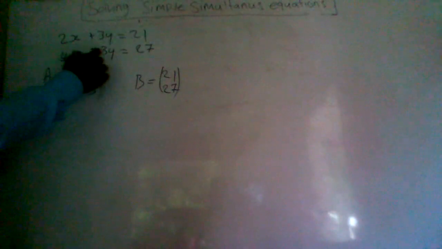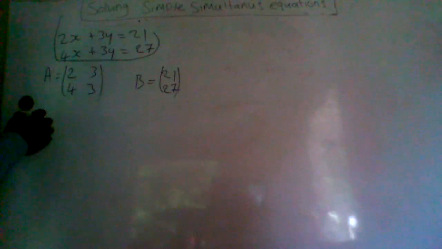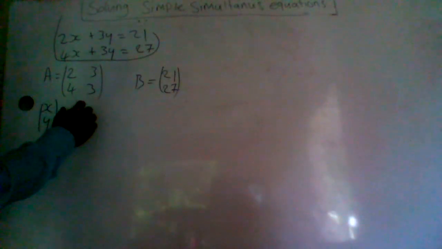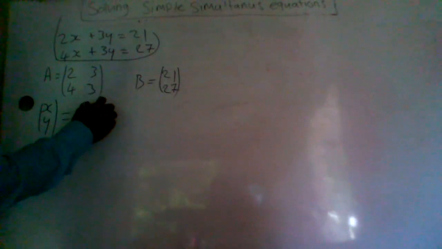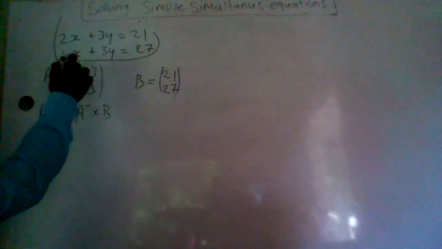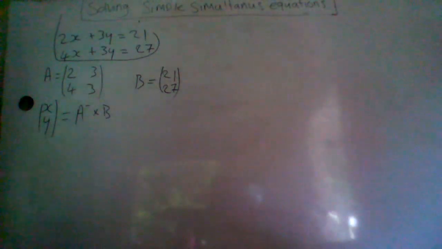So we are going to solve this equation. x, y would be equal to A inverse times B. So in other words now we'll find the determinant of A. Because you want to find A inverse, you'll have to find the determinant of A and multiply its inverse by the adjoint.